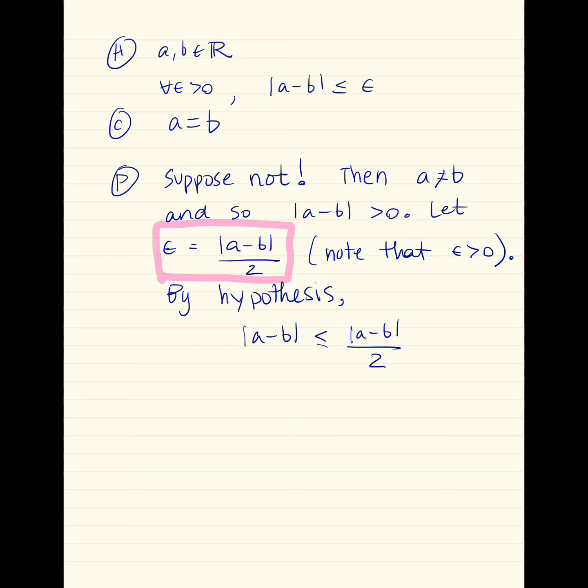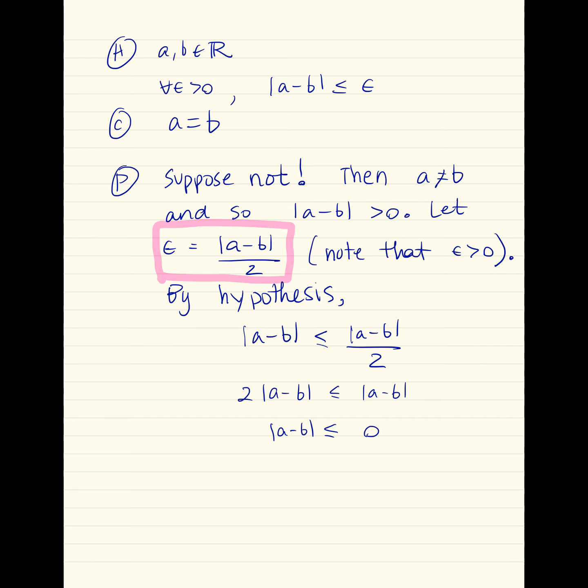But now, what does this imply? This implies that the distance between A and B is equal to 0, right? If we multiply both sides, sorry, it's bigger than or equal to 0. Let me just go ahead and do it. Cross multiply, so we had 2 times this distance is less than or equal to the distance, subtract 0 greater than or equal to here.